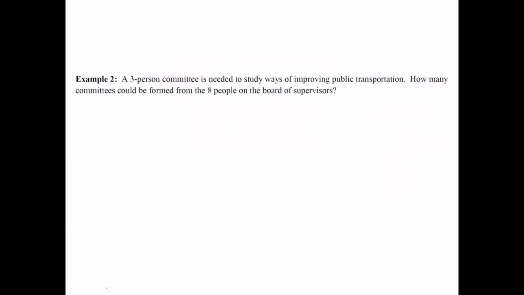Okay, example 2. A 2-person committee is needed to study ways of improving public transportation. How many committees can be formed from the 8 people on the board of advisors? Well, this one obviously is a combination because order does not matter. So let's take a look at the 2 different numbers.